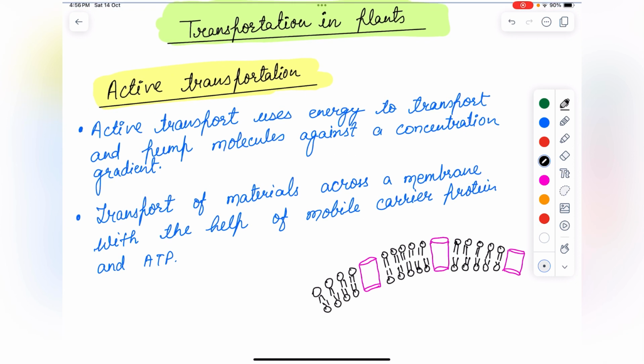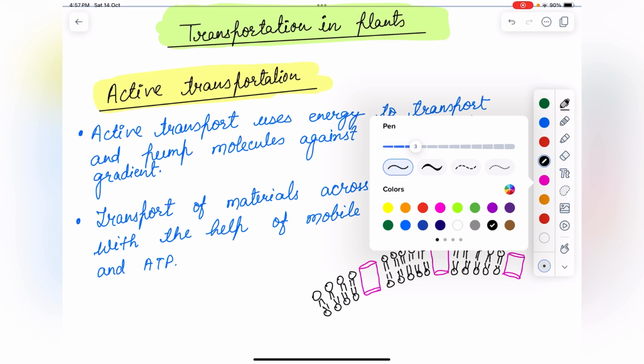In this video I'll start with the third one, active transportation, which is a short distance transportation. What is active transportation?